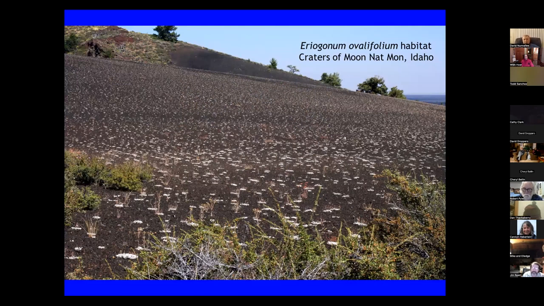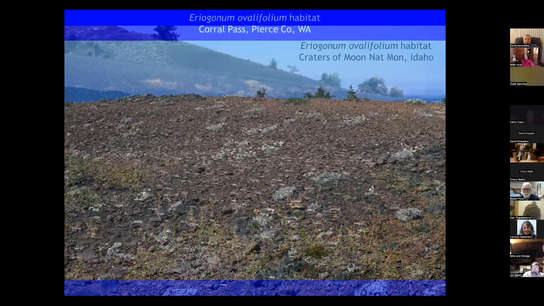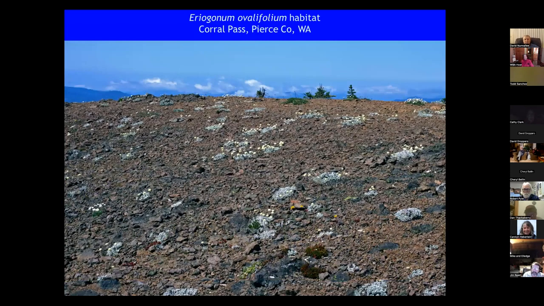This is a volcanic cinder flat, and all these little white spots you see are individual ovalifolium plants, thousands of them. And here's our Washington version of the same thing. This is up at Corral Pass, and we see the ovalifolium plants growing scattered around in the rocky basaltic rocks.